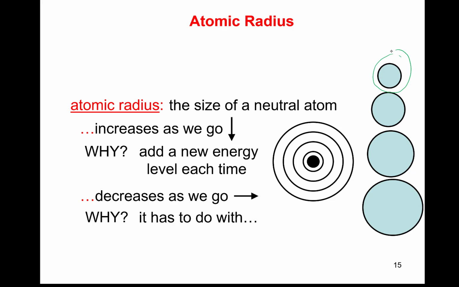Okay, there's more charge, so there's going to be a stronger Coulombic attraction. So that is your trend for atomic radius. As you go down a group, the atomic radius increases. As you go across a period, whenever we say across, it's always left to right, the atomic radius decreases.